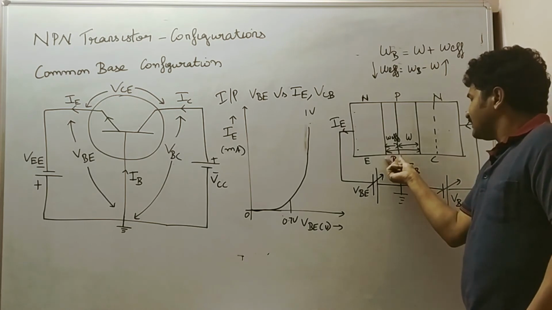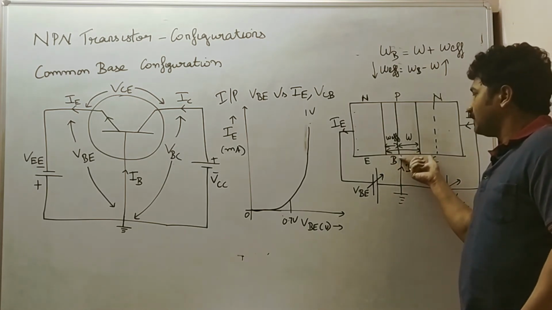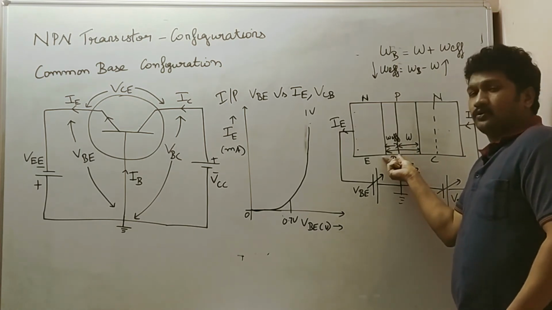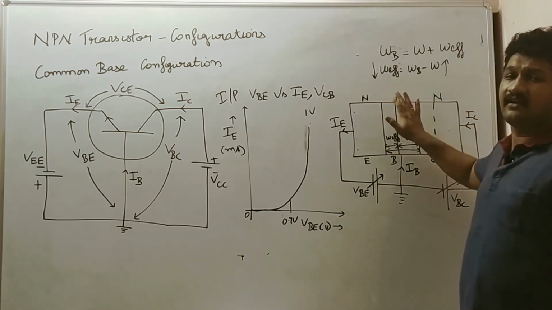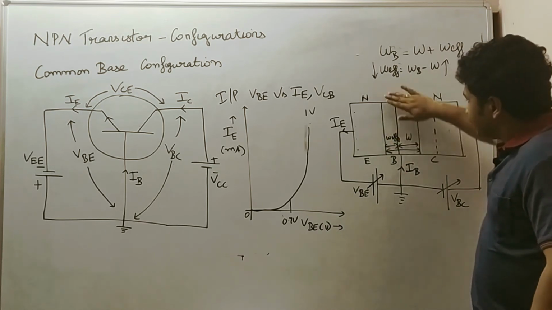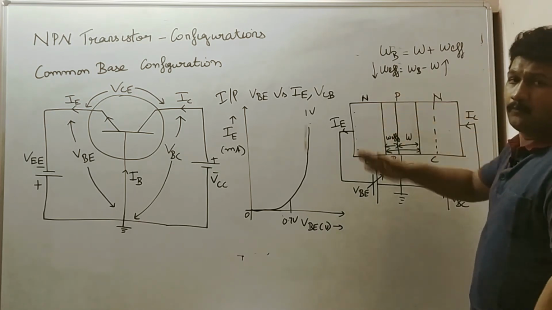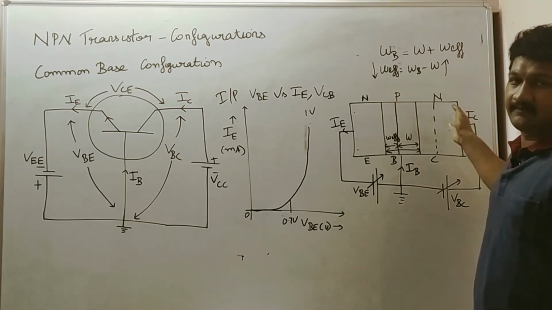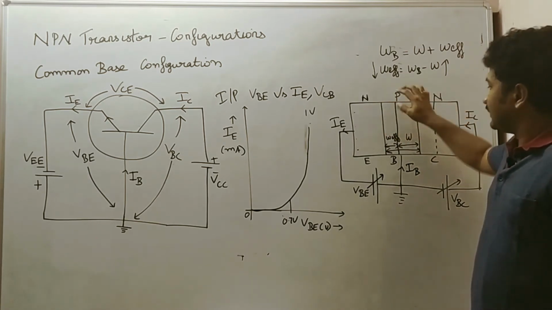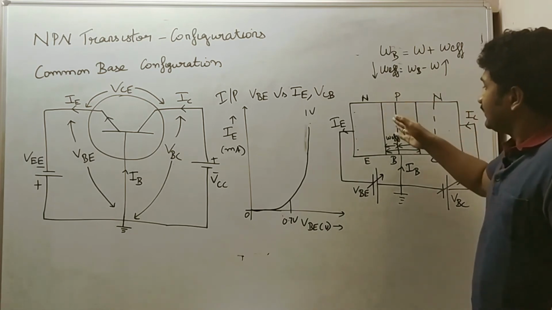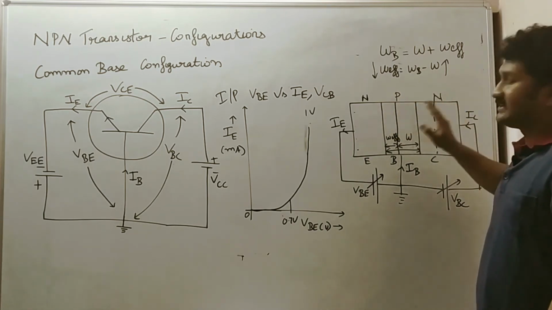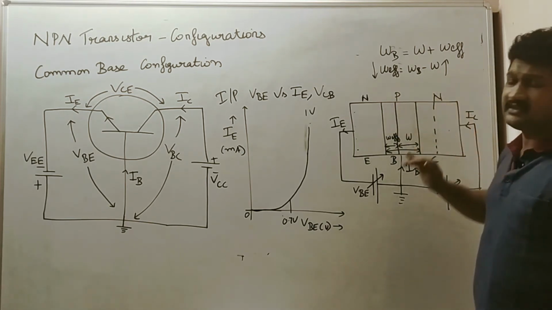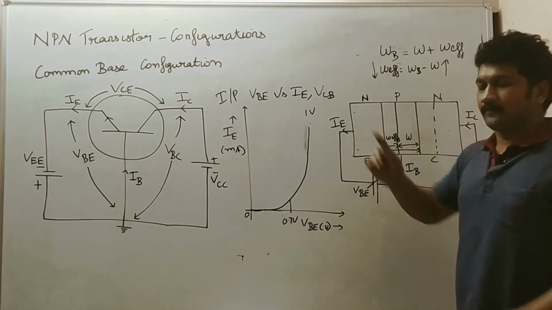Since the depletion width has increased so much, and only W effective is the space allowed for electrons to stay here, the electrons won't stay for long, and due to the smaller width of WEFF, more and more electrons come, accumulate and then cross over this region. This crossing of electrons from the emitter through the base region to the collector region causes the emitter current to increase more and more.